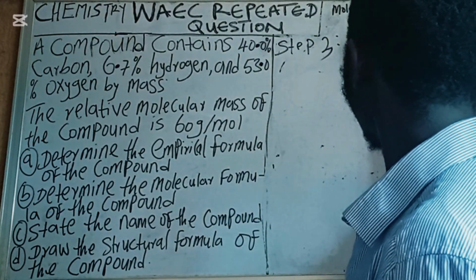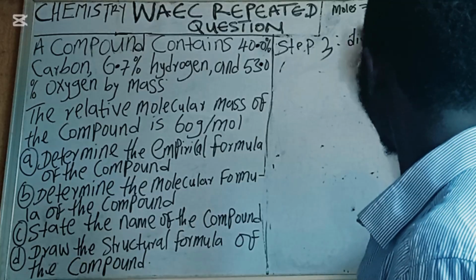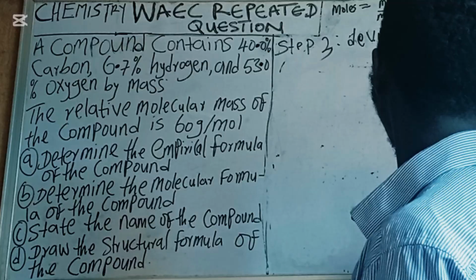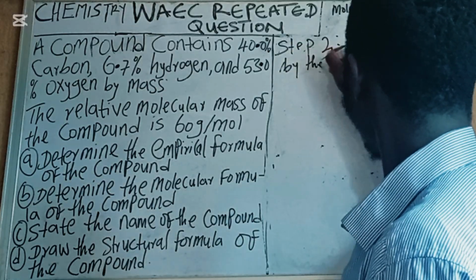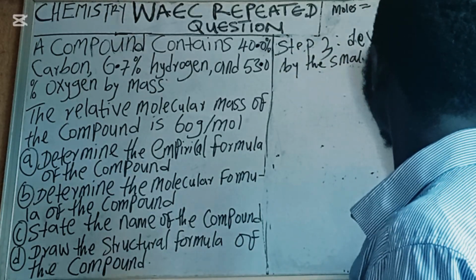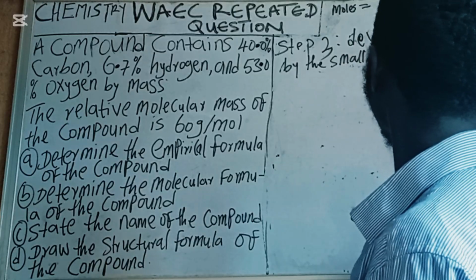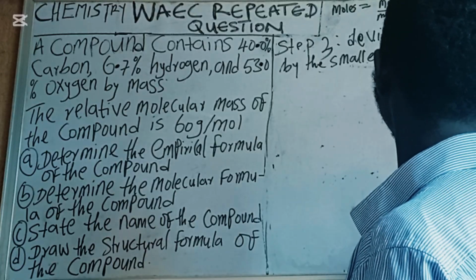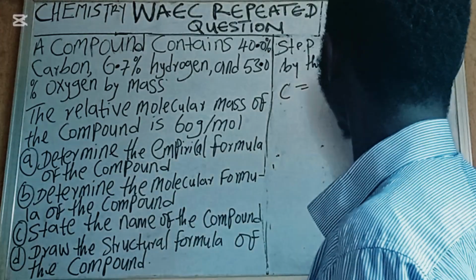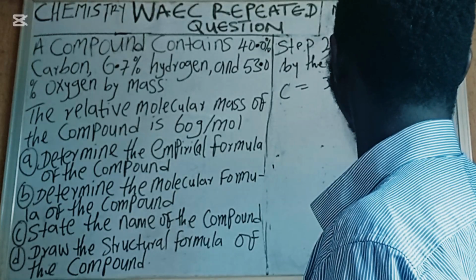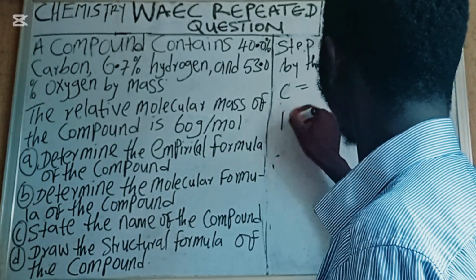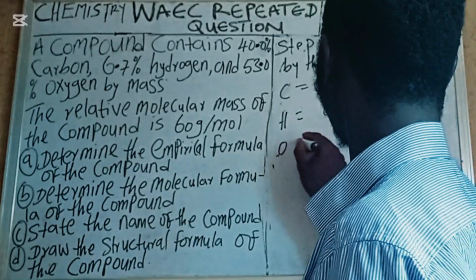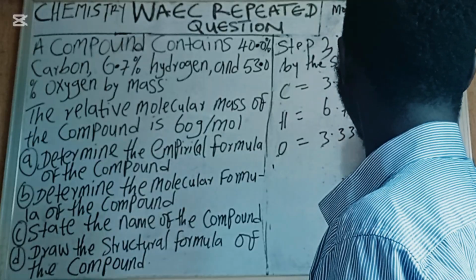So carbon is equal to 3.33 mole, and hydrogen is equal to 6.7 mole. Oxygen is equal to 3.33 mole.